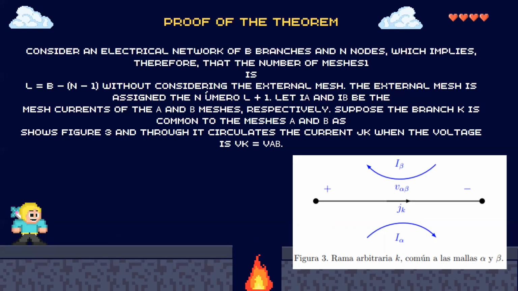Suppose the branch K is shown in figure 3, and the current Jk circulates while the voltage is Vk equal to VAB. Can you see figure 3?